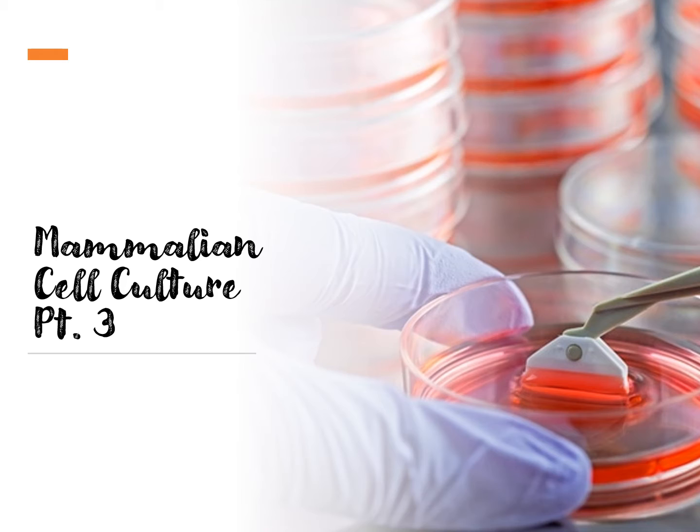In the second part, we talked about the various conditions required for cell culture, starting from temperature, pH, gaseous content to media and the different kinds of media that are available, the role of the different components of media, so on and so forth.